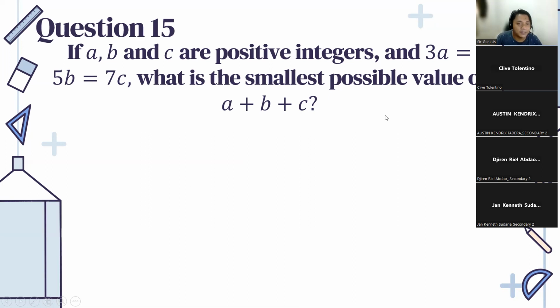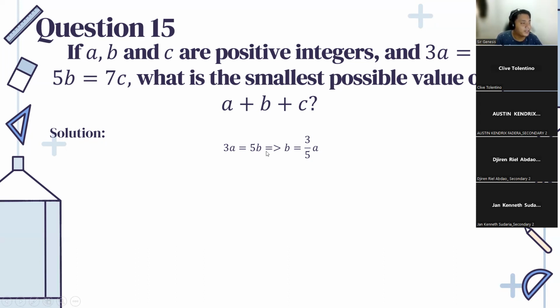So what I will do here is I can actually express the other variables using one variable, in order to get the relationship. Okay, so for this one, we use 3a is equal to 5b.